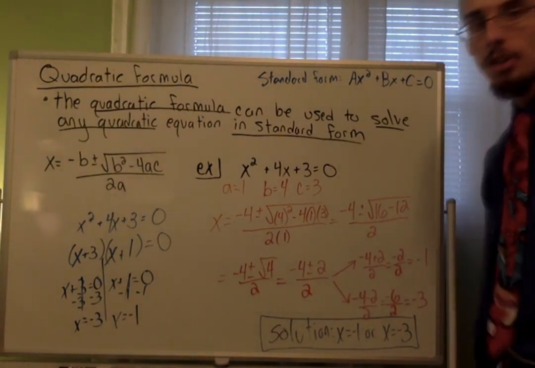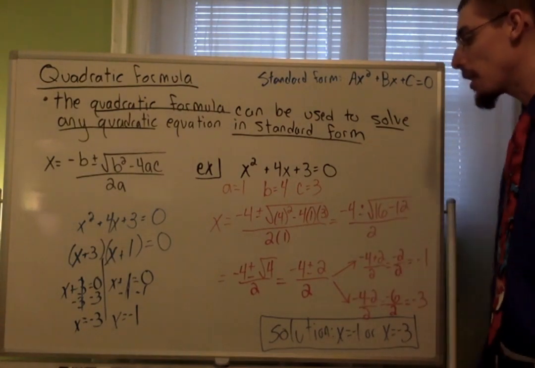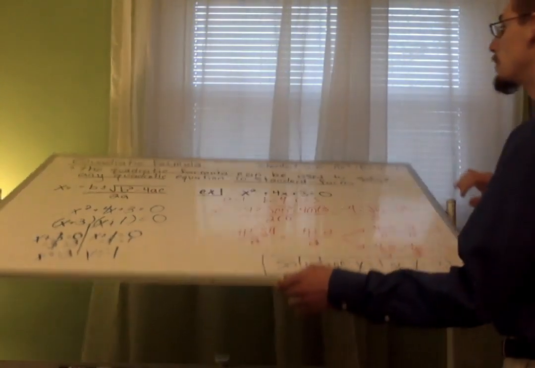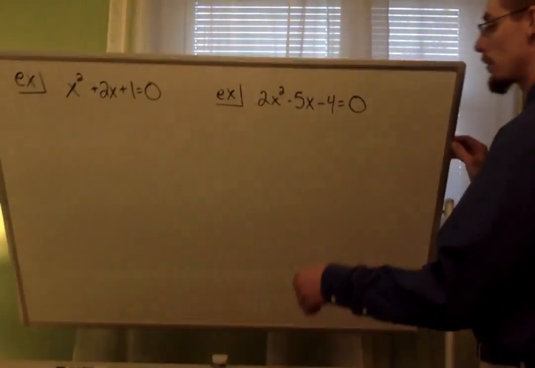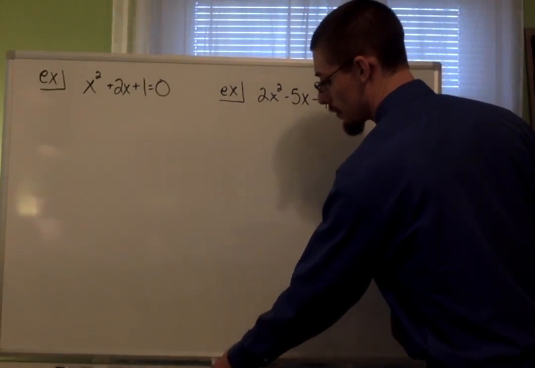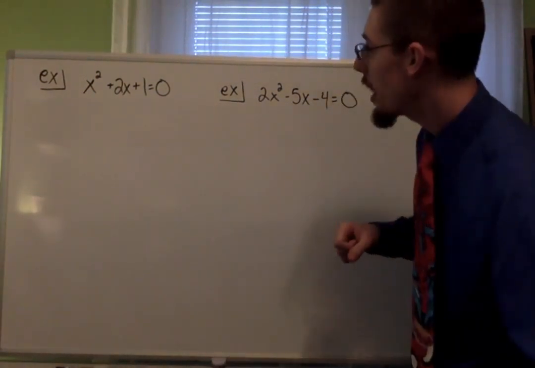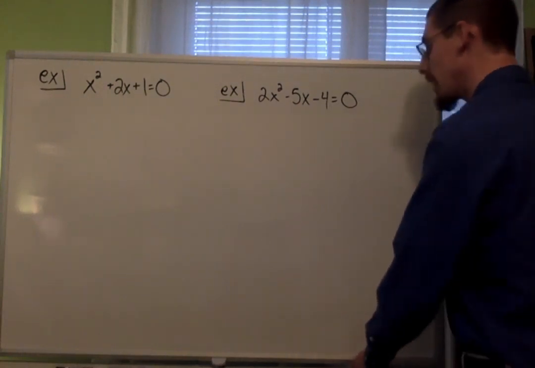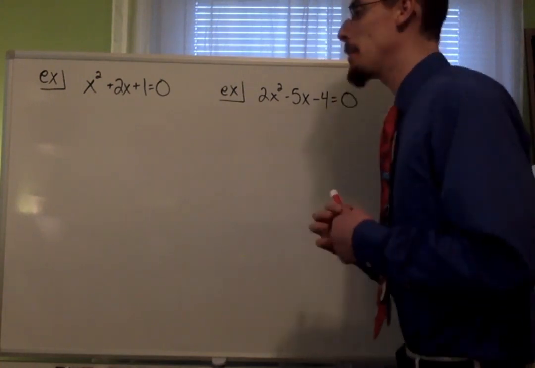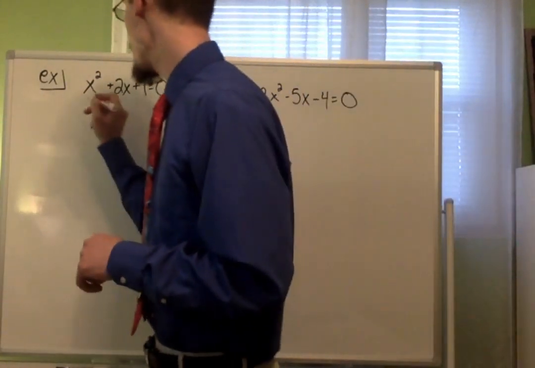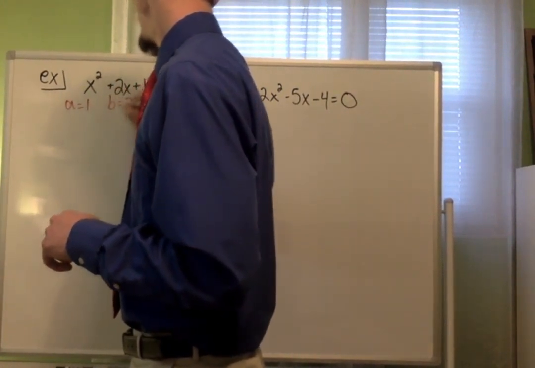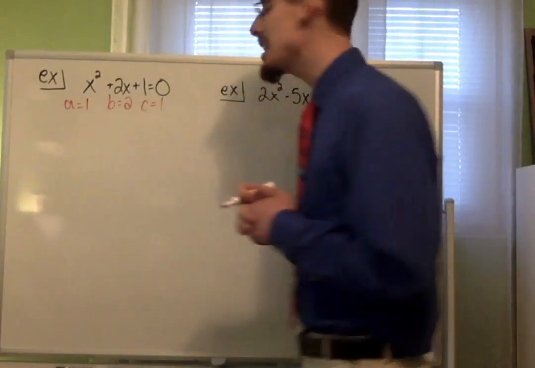Let's try one where we don't already know what the answers should be. Okay, so just like last time, I would like to start by just identifying the A, the B, and the C. In this case, A is 1, B is 2, and C is 1.